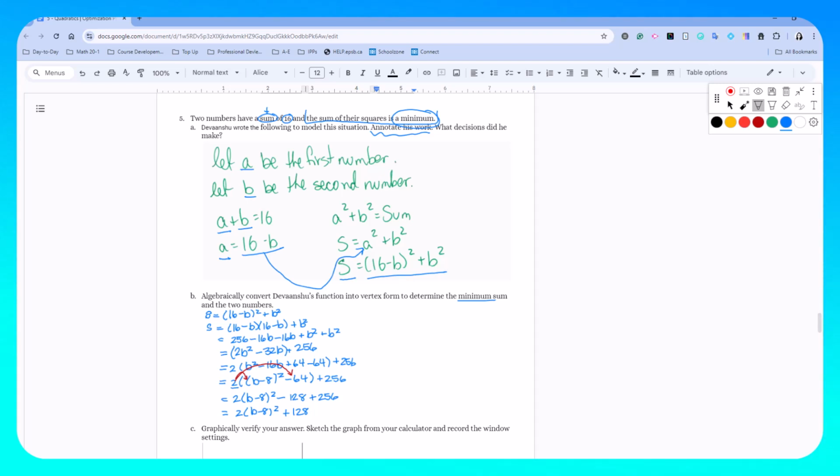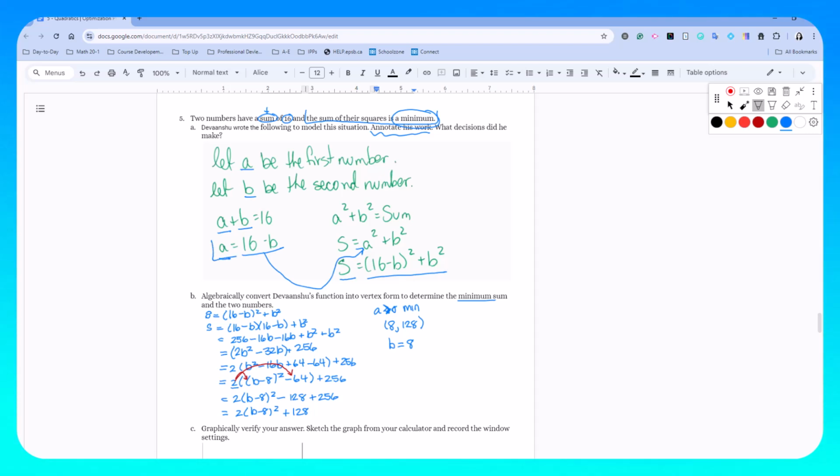So what is the vertex? Because the vertex is going to help us determine the minimum value. Because a is greater than 0, we have a min. So the vertex is 8 and 128. So this means that this b value equals 8, which means what is that a value?